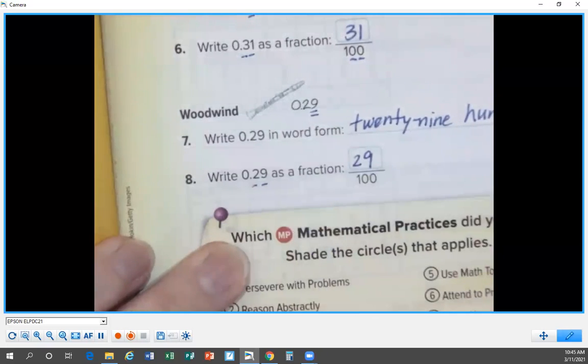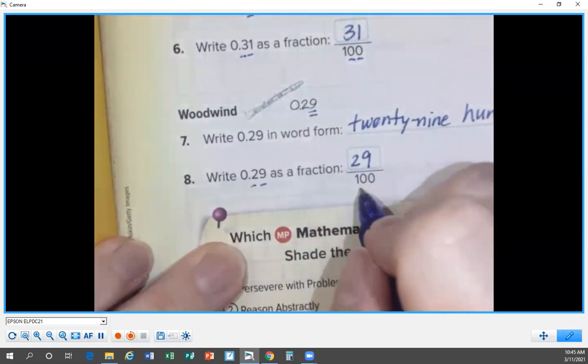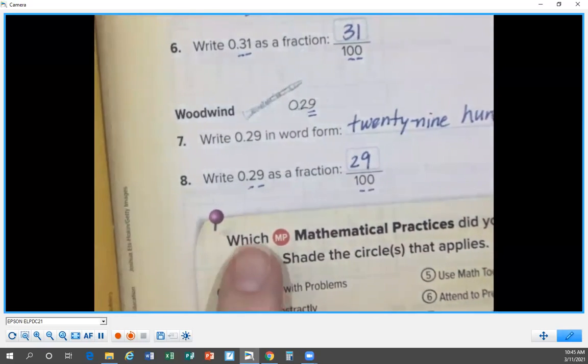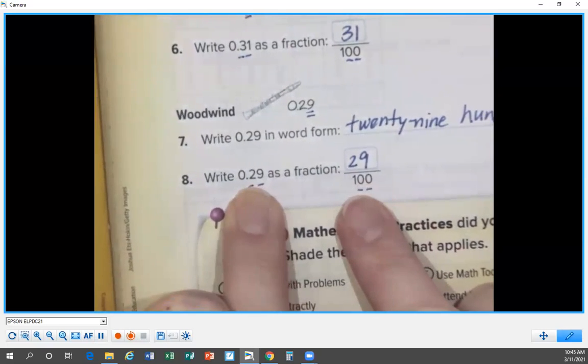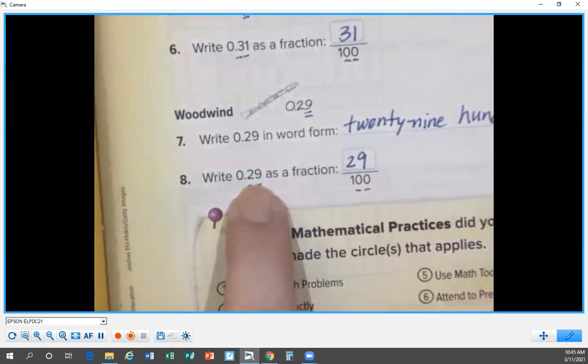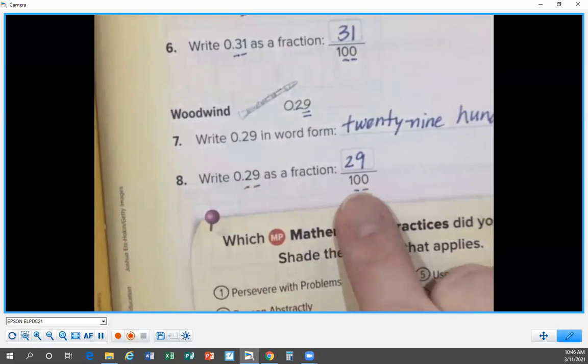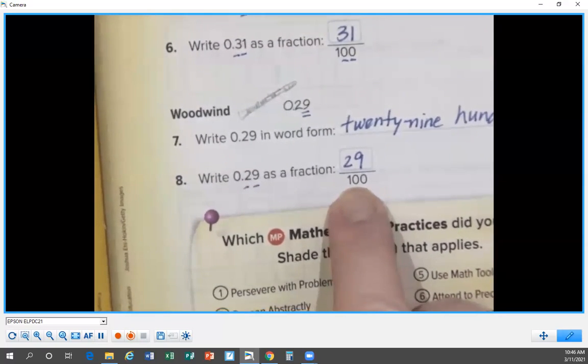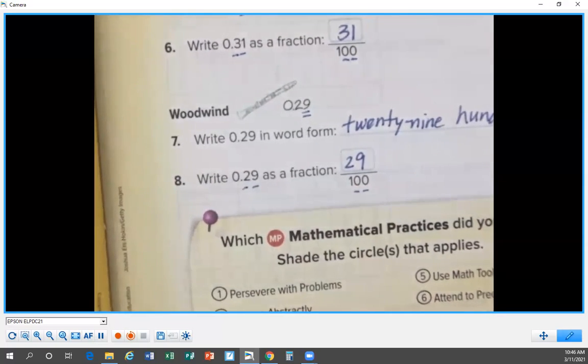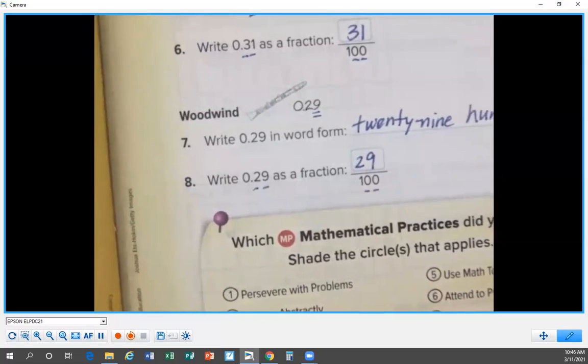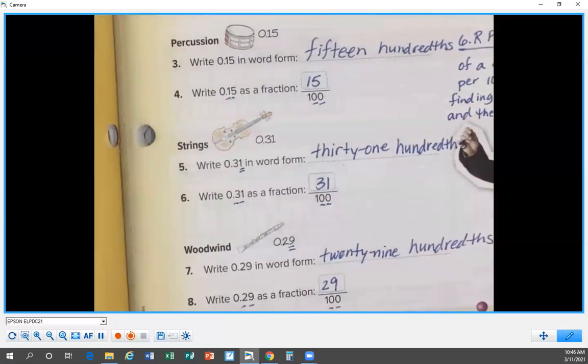We have 2 digits after the decimal, 2 zeros in the denominator. And again, these are read the same way. When we read this, we read it as 29 hundredths, and also when we read this, we read it as 29 hundredths. Okay, so that's just a refresher on going from decimals to fractions.